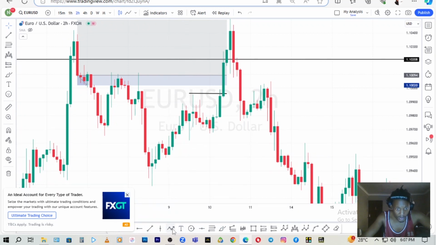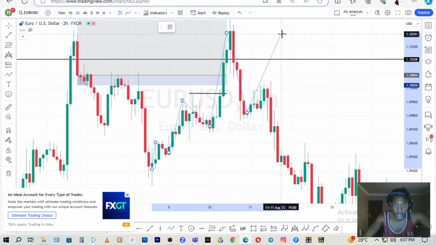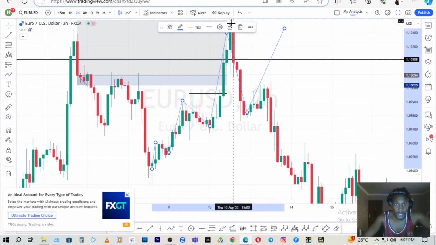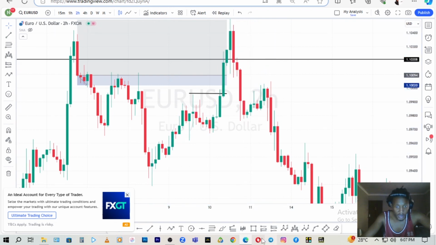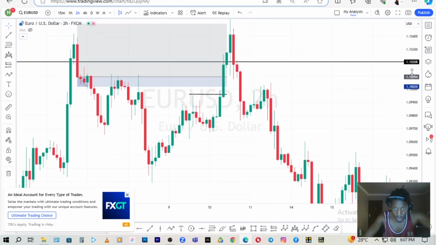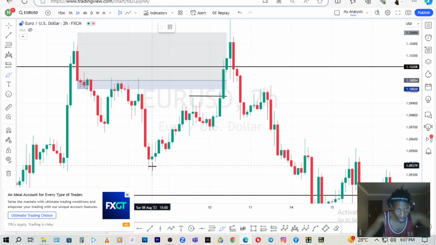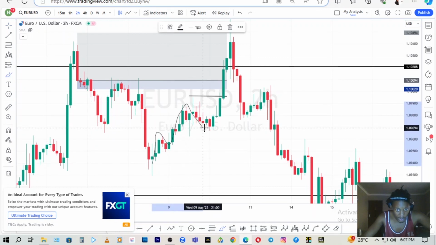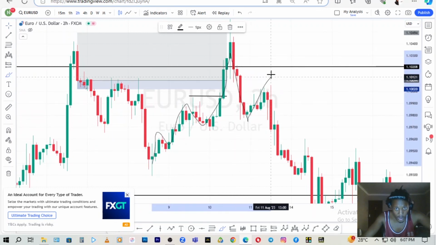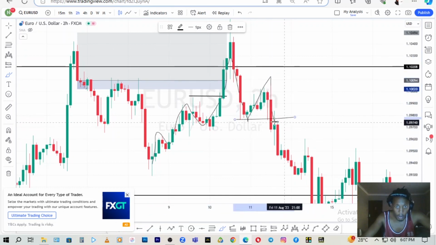Remember, if it's an uptrend, this is my higher high, higher low, higher high, higher low, higher high, higher low. This was supposed to create another high over there. In simple terms, let me just draw something like this. This is my high, low, high, low, high, low, high. It was supposed to be a high, but it broke below.